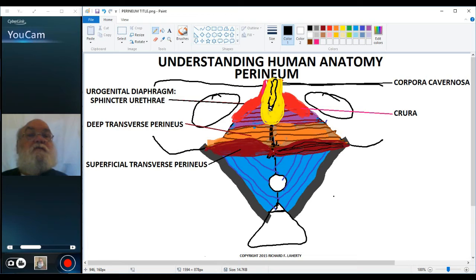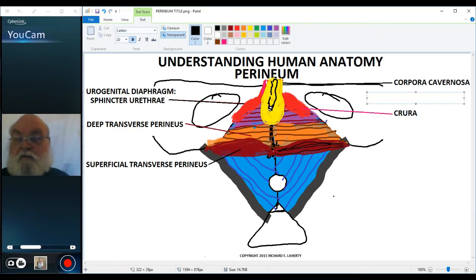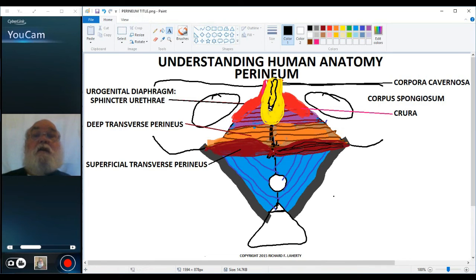So these structures we'll label. The corpus spongiosum, and the bulb.